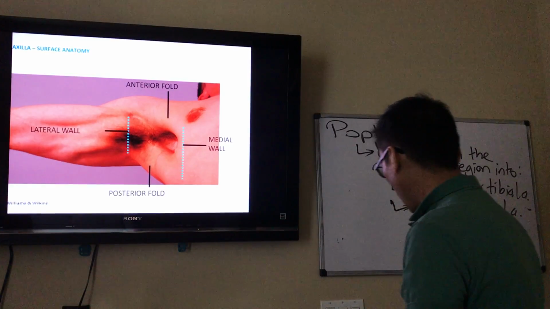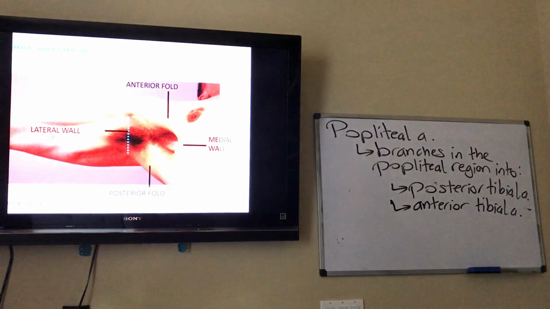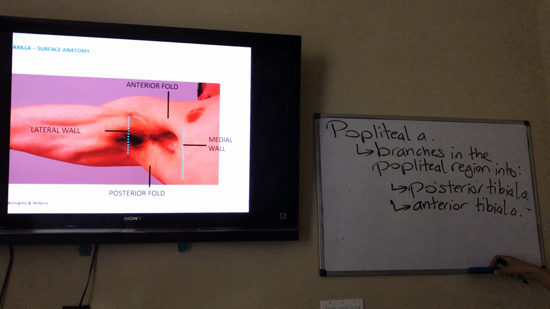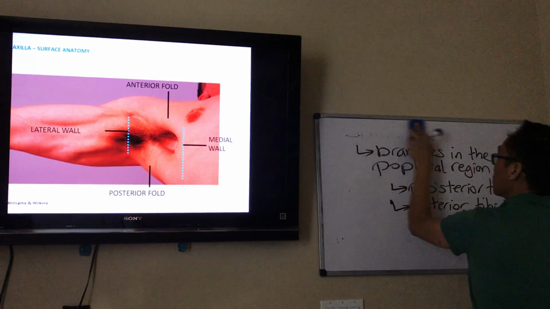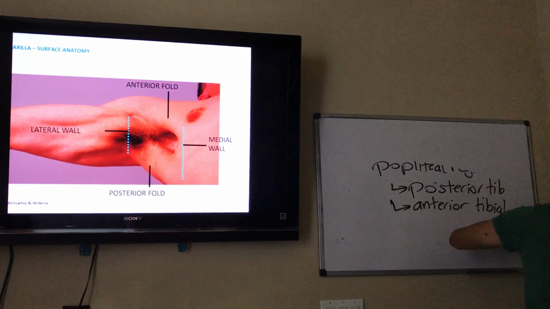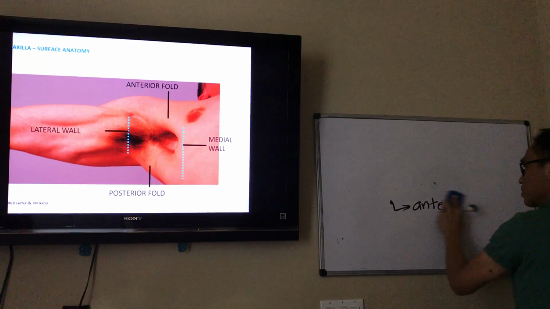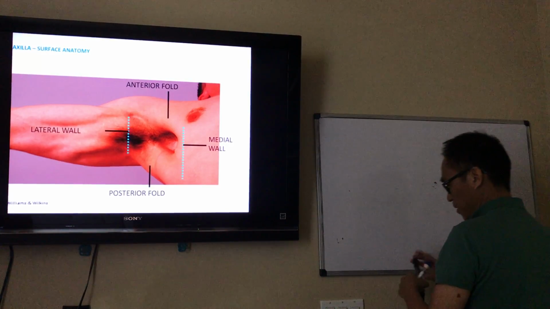If you abduct the arm, we can view the axilla. So moving on to a different region, done with lower limb blood vessels. Now title this upper limb blood vessels.